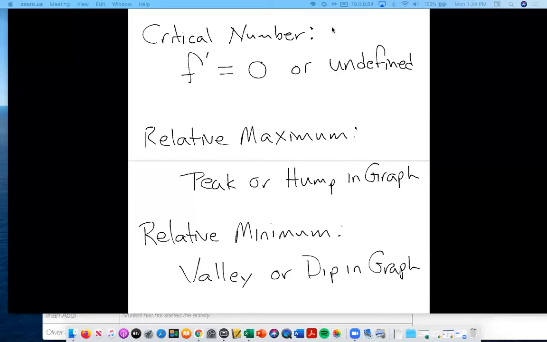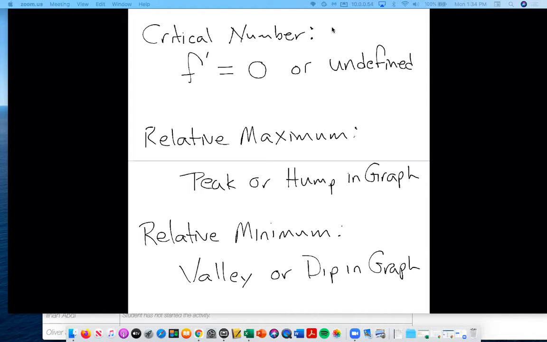There are times when you'll get a graph where the derivative is undefined, like the absolute value, anytime you get a sharp change in a graph. But most of the time, if you're given an equation, you can figure out critical numbers by taking the derivative and setting it equal to 0.